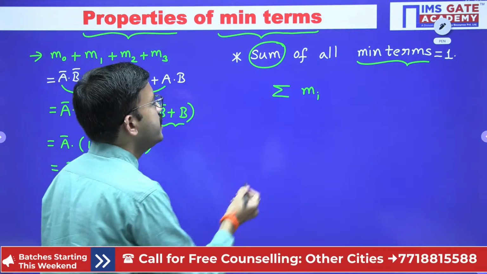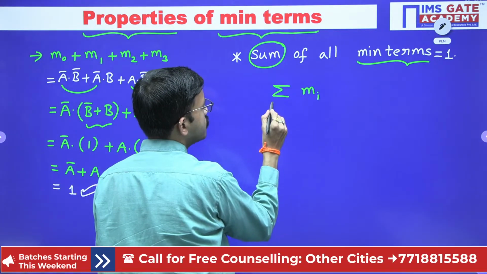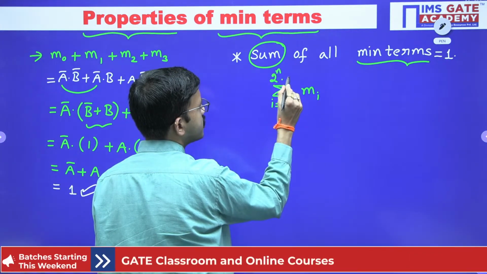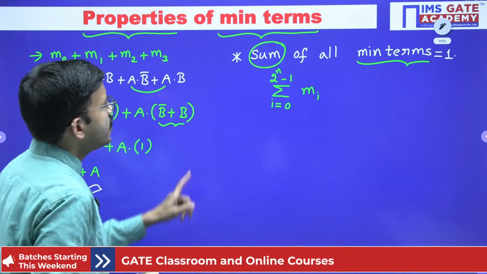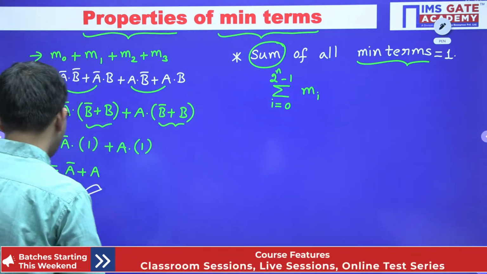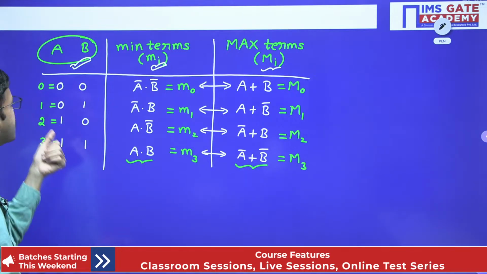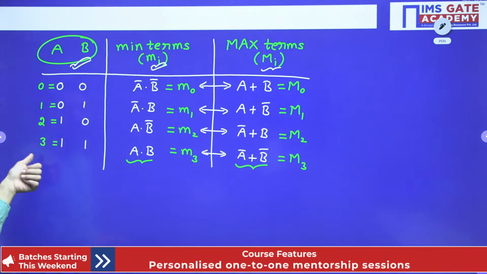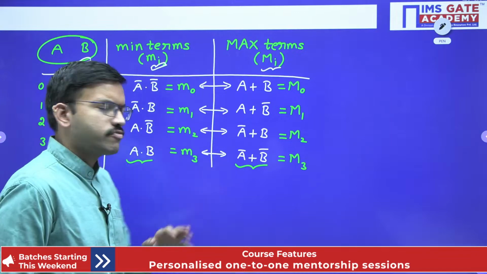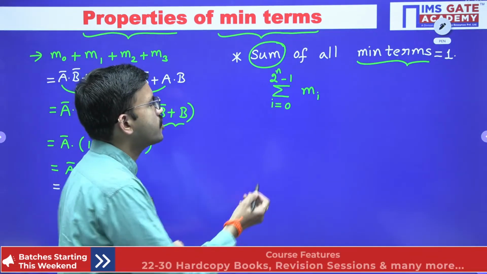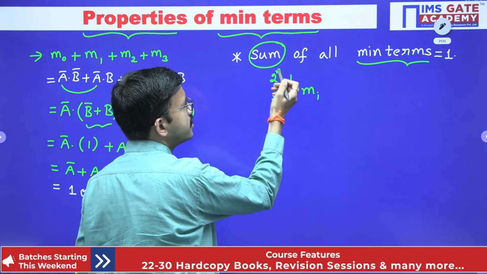Here you are having the i value, so it will start from 0 and the maximum value will be 2 power n minus 1. If you are having n Boolean variables, then you will get 2 power n combinations of zeros and 1s. Since we are starting from 0, the maximum value will be 2 power n minus 1. Write this minus 1 carefully. This is not in the power.